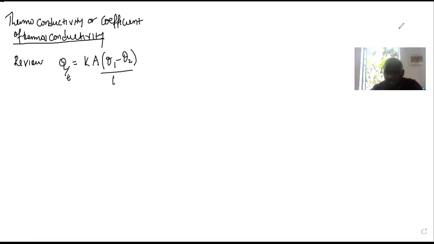So if you recall, we saw K as the constant called the coefficient of thermal conductivity. Then we had the cross-sectional area.